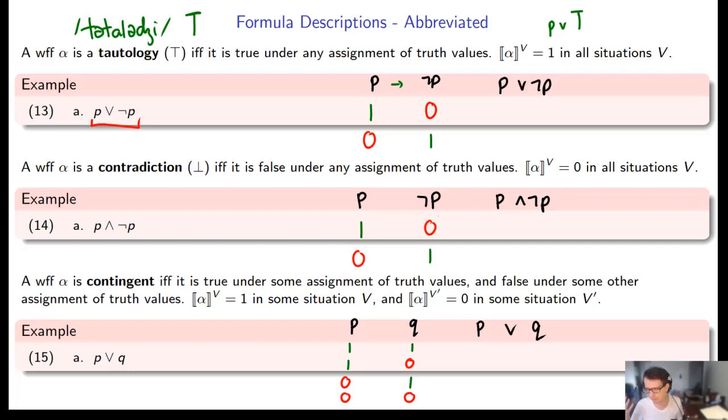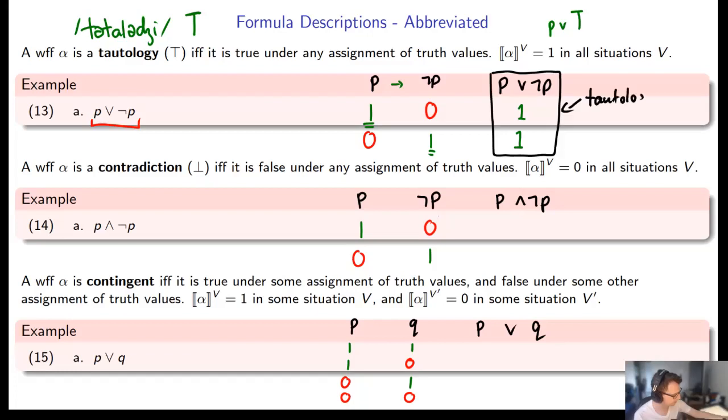Well, if we remember the conditions for or, P or not P is true if at least one of those is true. So in the first row, P is true, so P or not P will be true. And in the second row, not P is true, so P or not P will be true. Because every single row is true, we say this is a tautology. So this is a case that will always be true.